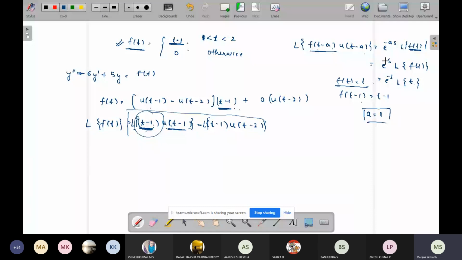Then only the a value is 1, right? Now getting this or not? Yes, ma'am. Got it. That's why I told you, I cannot explain on WhatsApp, but I can explain like this. Yes, ma'am. Okay, now I understand.